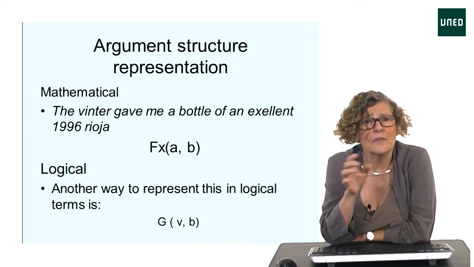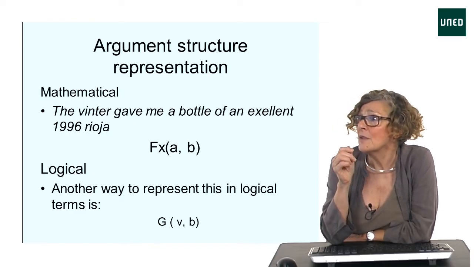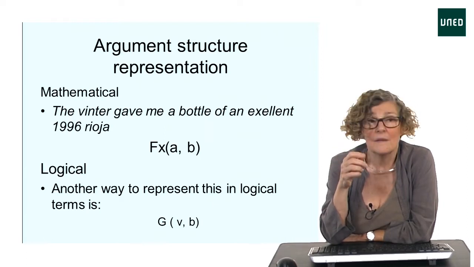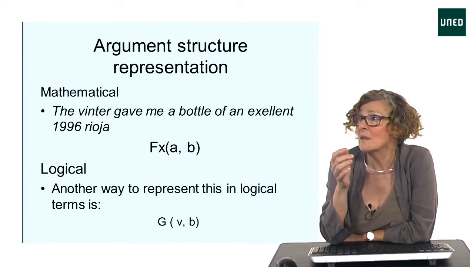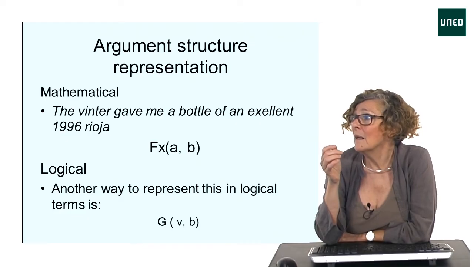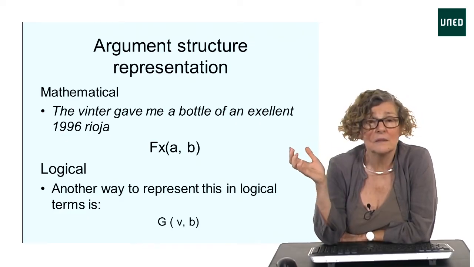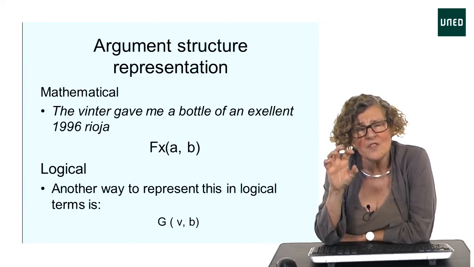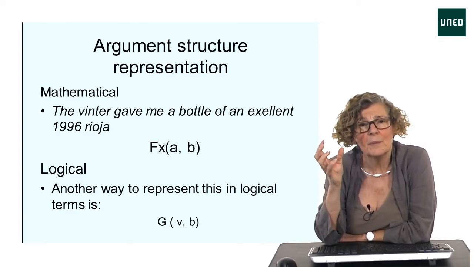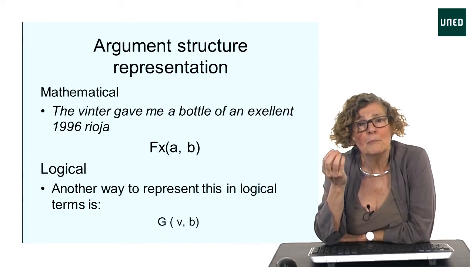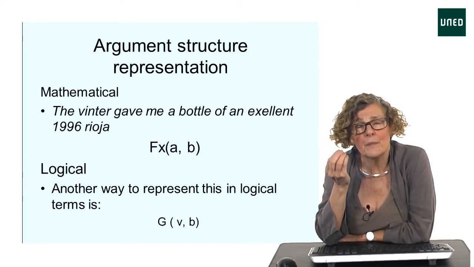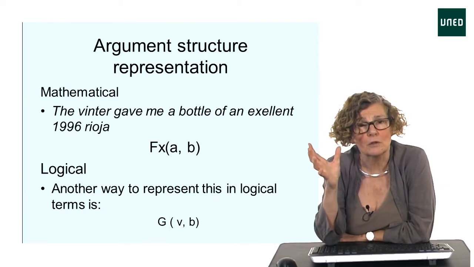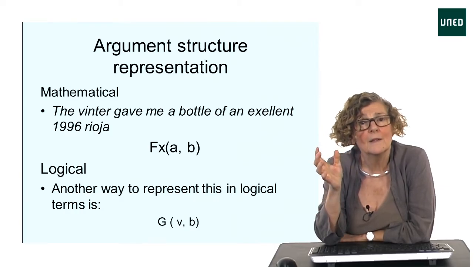Which ones are these two entities? One's the winemaker, someone who produces wine, and a bottle of an excellent 1996 Rioja. This long sentence can be conceptualized as just a bottle or a bottle of wine.